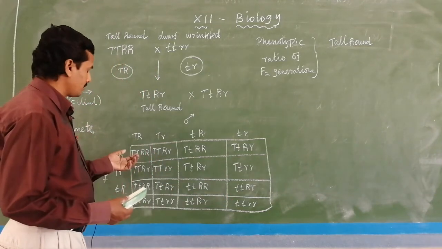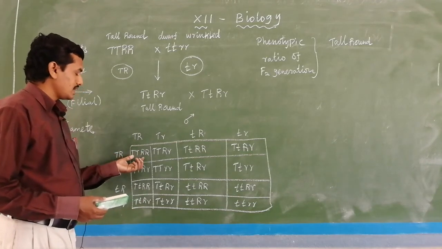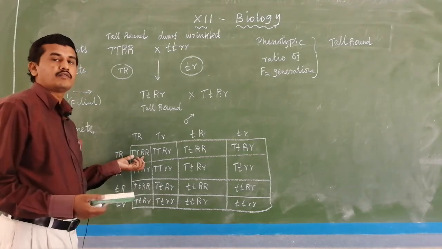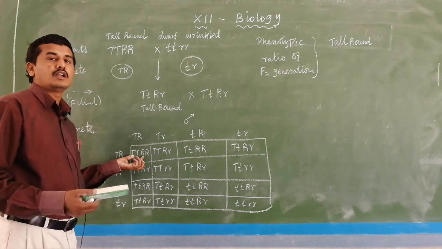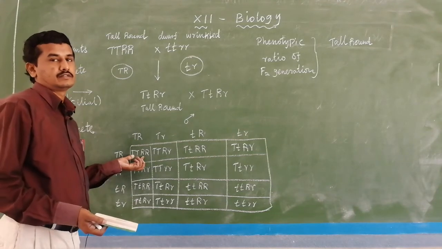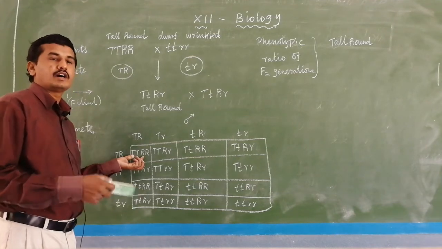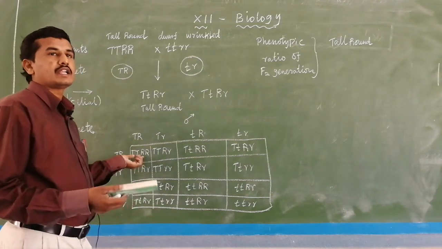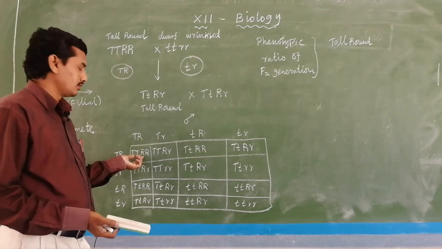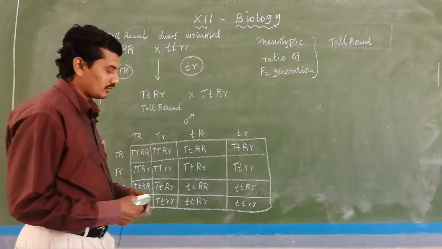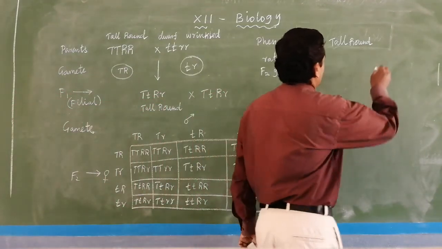So tall round means one capital T and one capital R is enough for expressing the tallness and the round character. One capital T, one capital R is enough for expressing the tall plant as well as round seeds. So totally tall plant with round seeds, how many? So, 9.